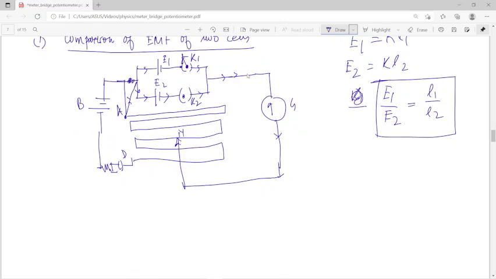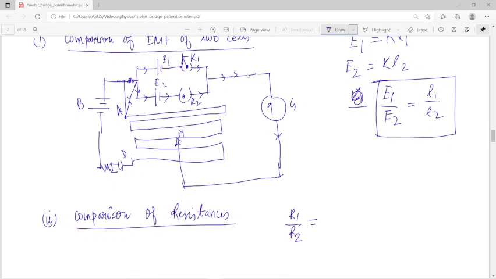Now we can also do the same thing for comparison of resistances, which can also be done using this potentiometer. I am not going through the details, but you will get the resistance ratio as the L1 by L2 ratio.